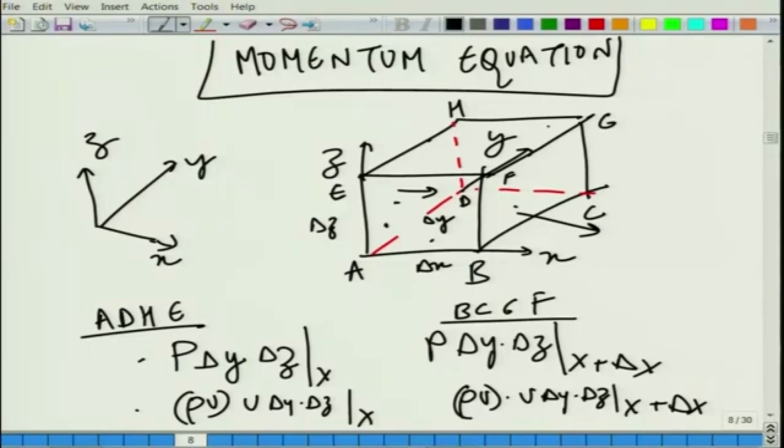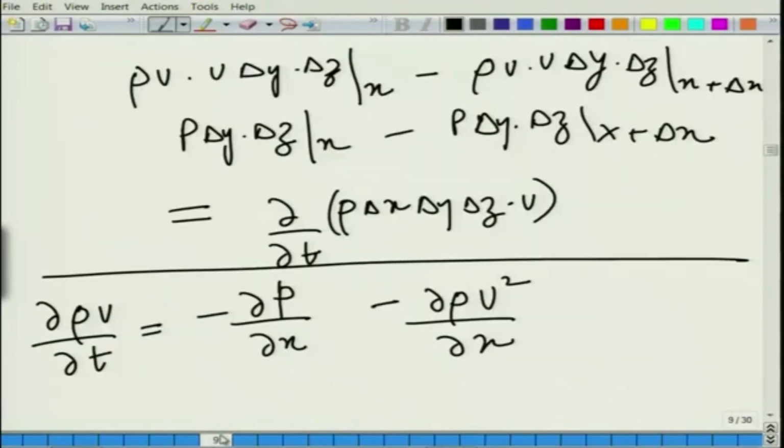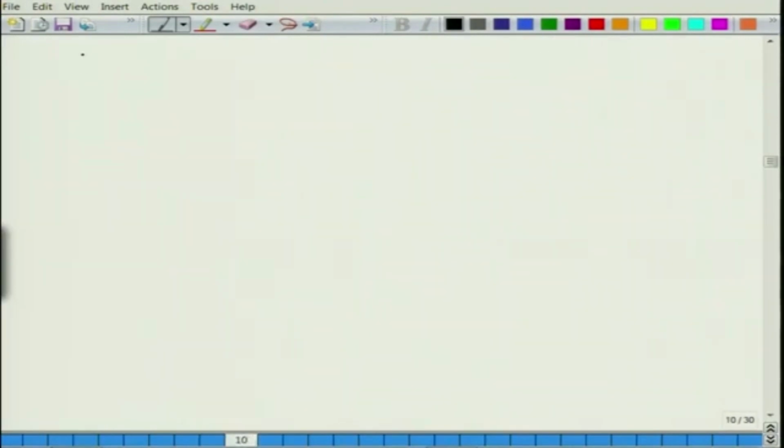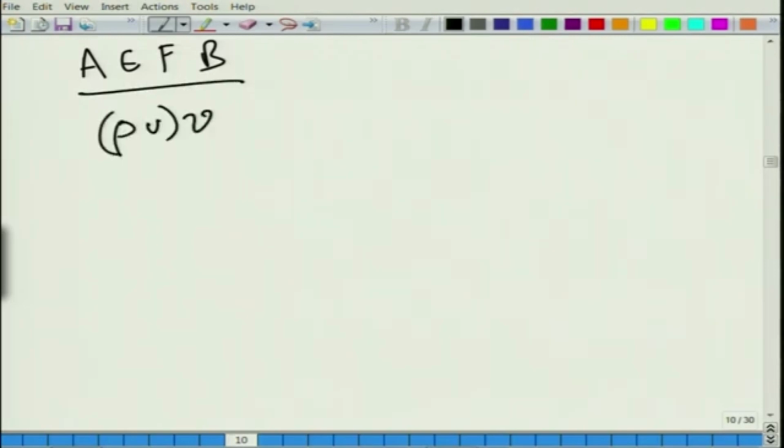So, basically the component of the momentum along the x direction due to the influx perpendicular to the page, that is through the faces A, E, F, B, we will come back to this in the last slide, is given by rho u v times delta x into delta z at y.